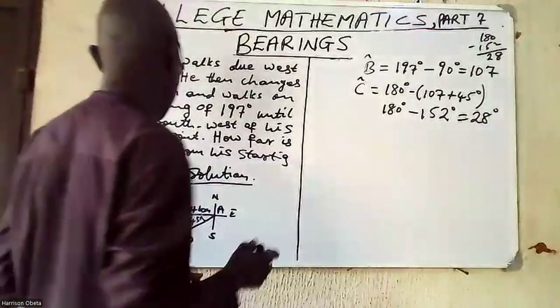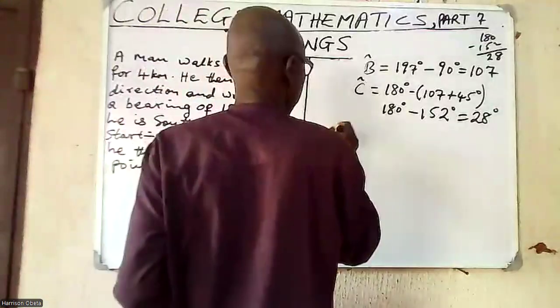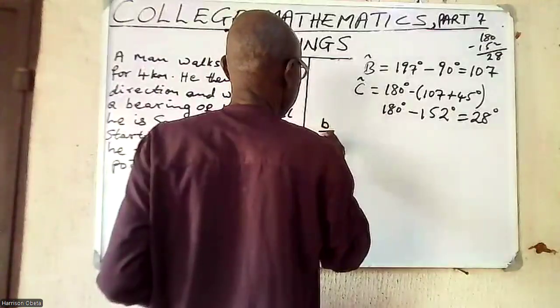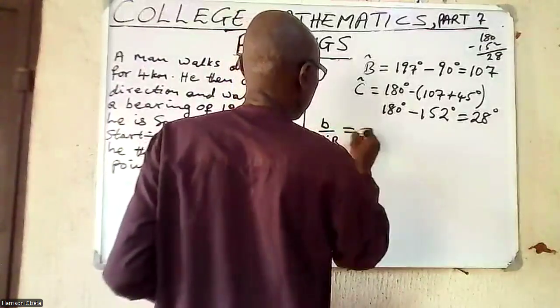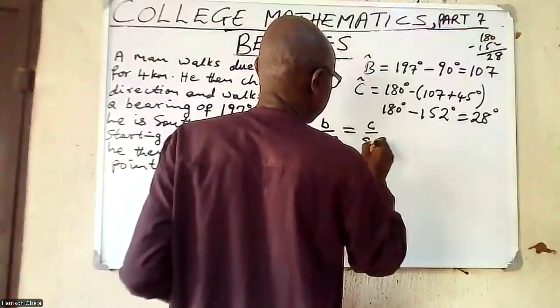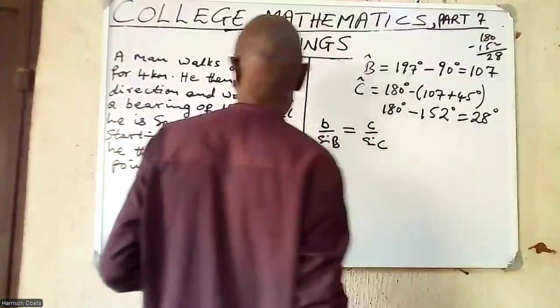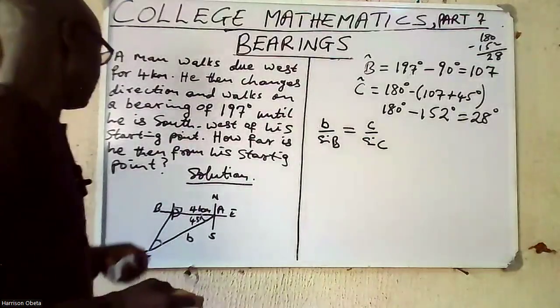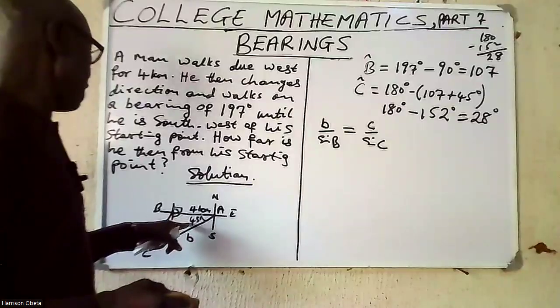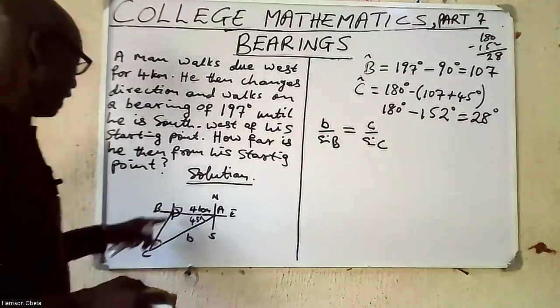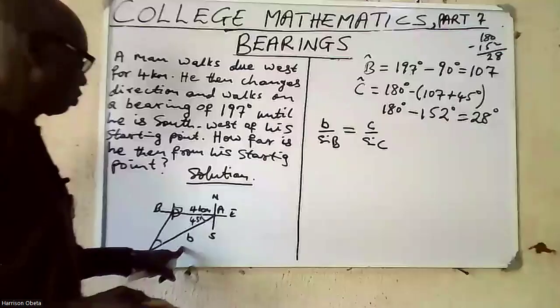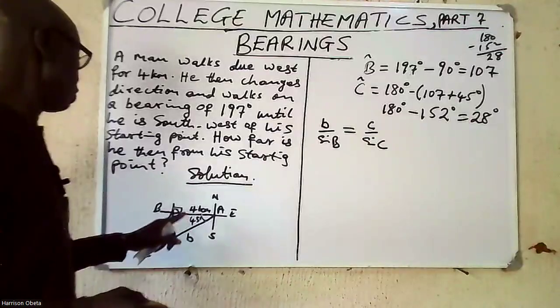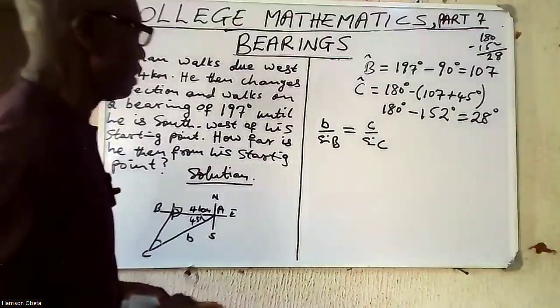Okay, so we can now go ahead by saying b over sine B is equal to c over sine C. The reason why we use that is that though we know angle A, we are not looking for this side. We are looking for side b, and we have calculated all the angles.